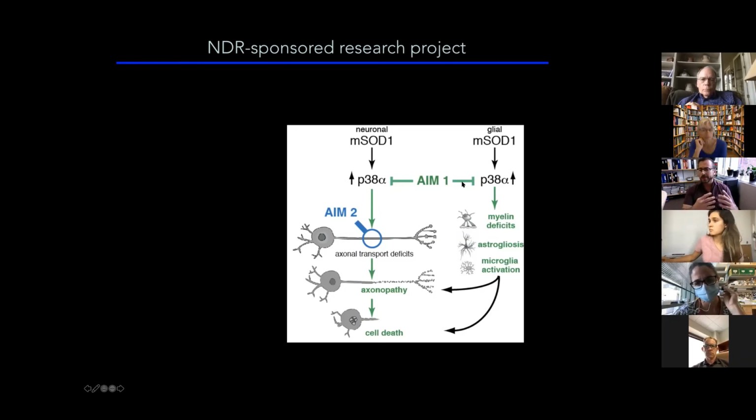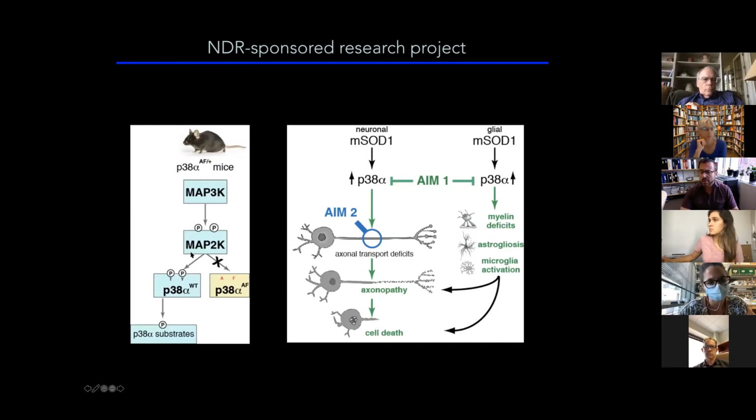So how can we actually in vivo reduce the activity of p38 alpha without compromising the mice themselves? The answer lies in this mouse that was already acquired through NDR as part of this project. And I will disclose that we will be receiving pups hopefully in a month and a half, to establish this colony. These animals are known as p38 AF mice.